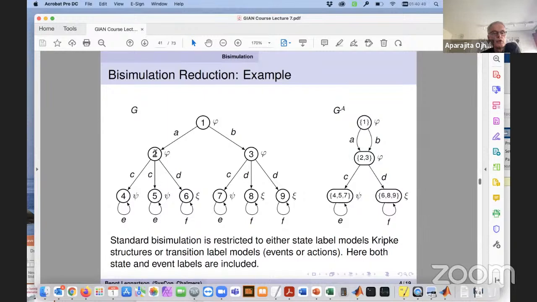You have the same future in state 2 and in state 3, namely that you can take a C or a D action. And if you take the C, you will get a self loop E with state label psi, and with the D, you will get a self loop with F and with the state label Xi instead. So in this case, it's a constructed example, but it shows that the basic bisimulation could, in this case, reduce this system quite significantly.